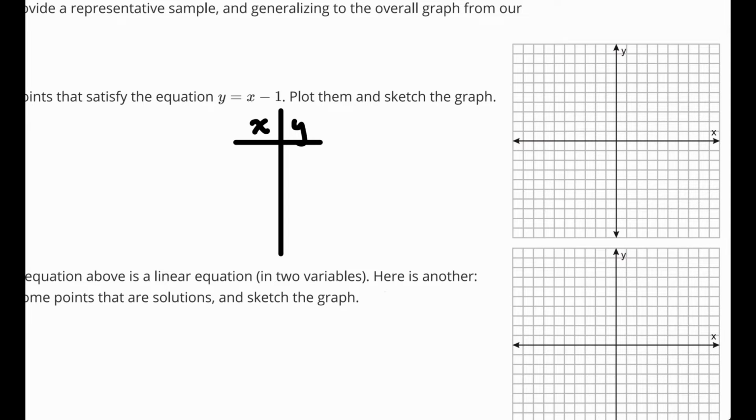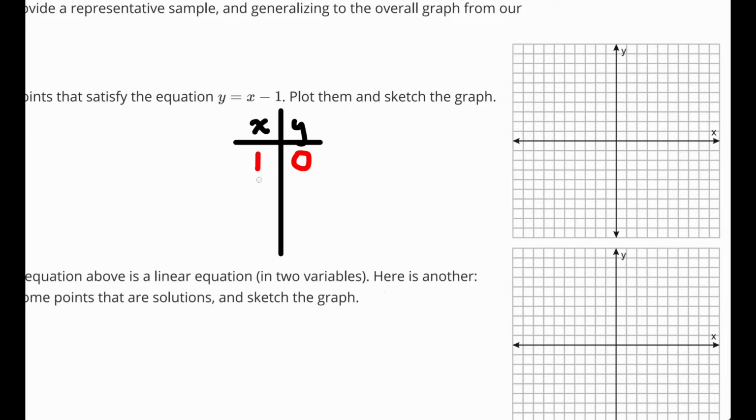One value that I like to start with for my X, I call this my home base, is anything that makes the Y 0. So if I put a 0 in for this Y, what X value would make that Y 0? Well, hopefully you see it's X minus 1, so it's 1 minus 1. So now you have 1 for your X. That's my home base where Y is equal to 0.